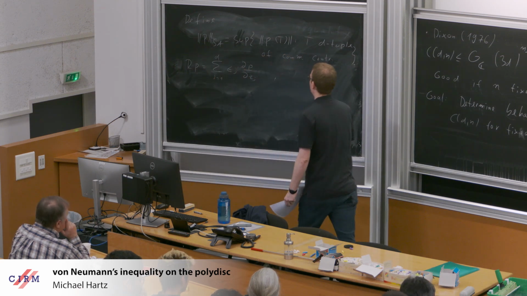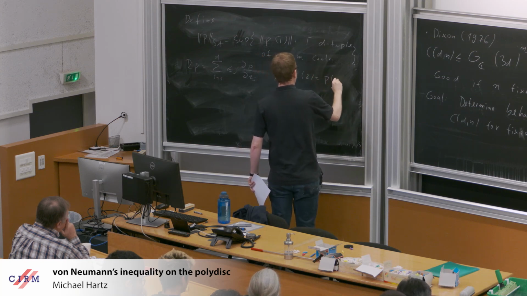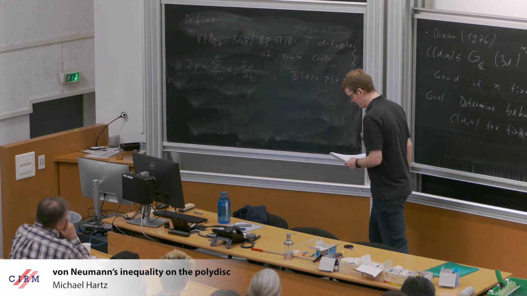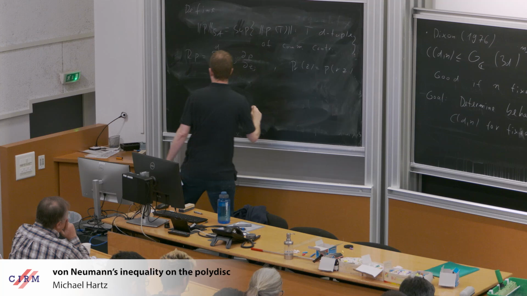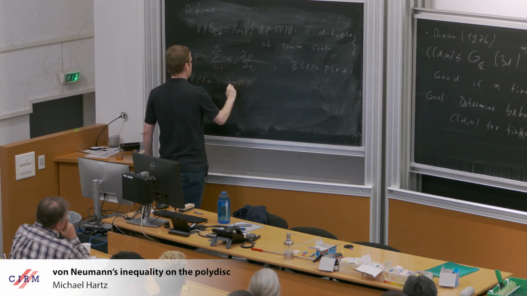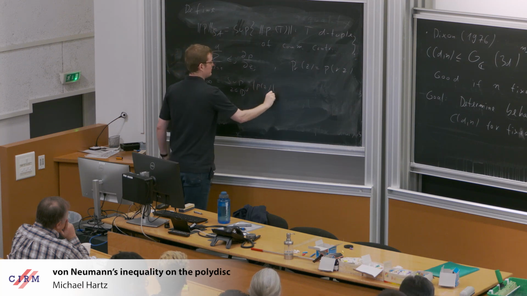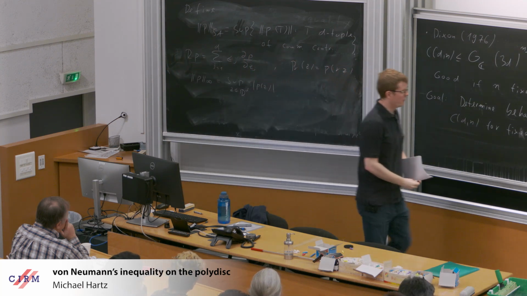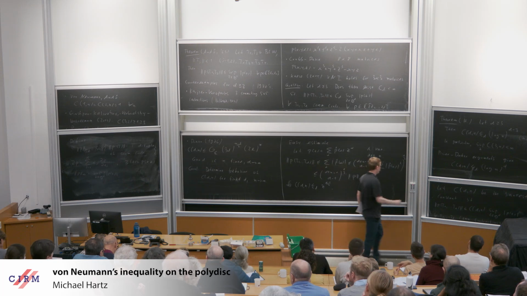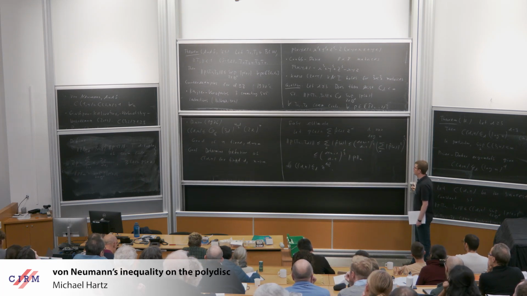And finally, the radial dilation P_r is P(rz) as usual. And sup norm always means sup norm over the polydisc now. Then I can offer some version for non-homogeneous polynomials.